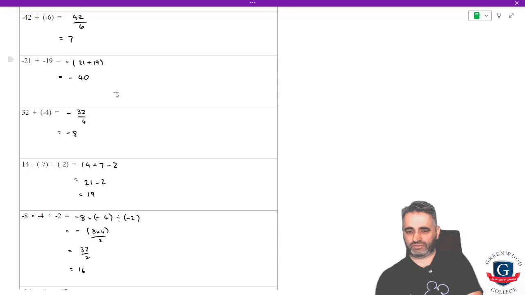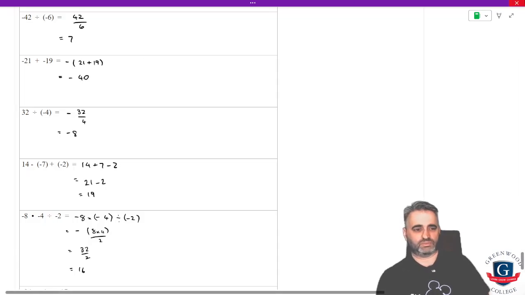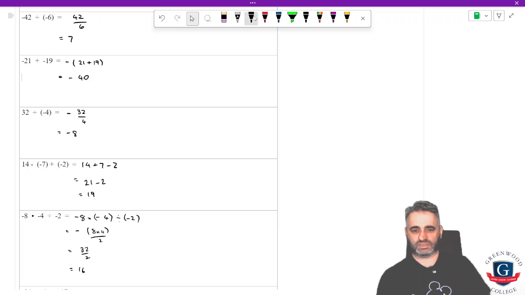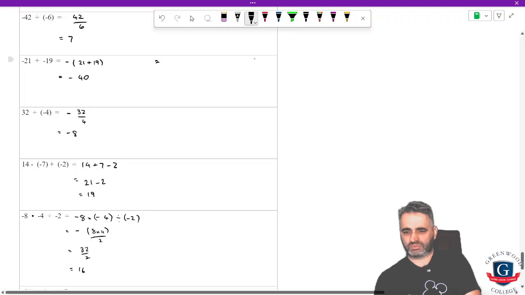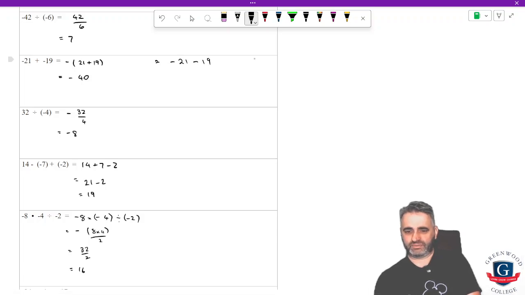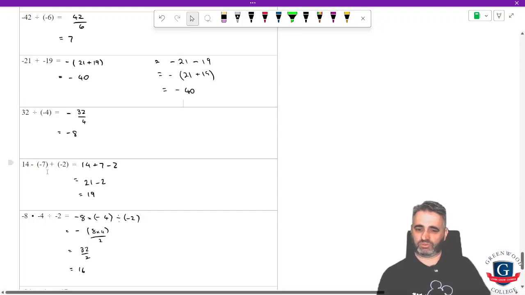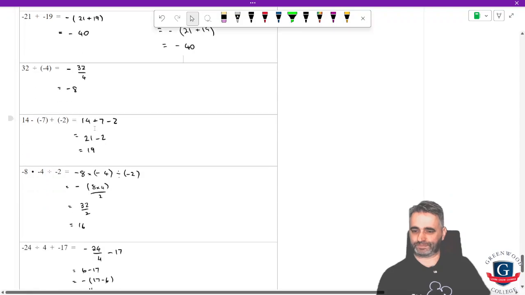Bad me, I should fix that up. And you can skip steps after a while, but probably not whilst you're learning. Equals minus 21 minus 19, which equals minus 40. As before, but with the extra step there for you.